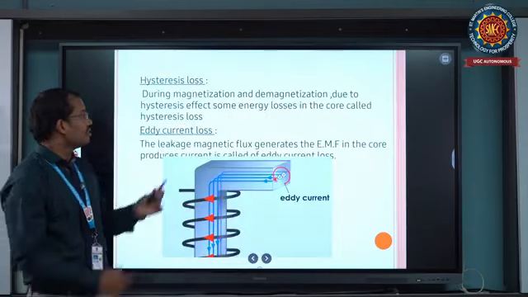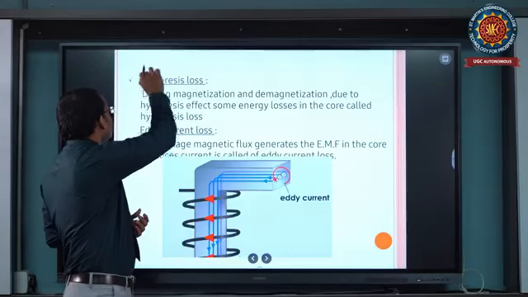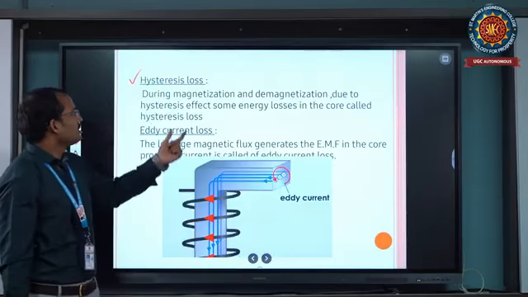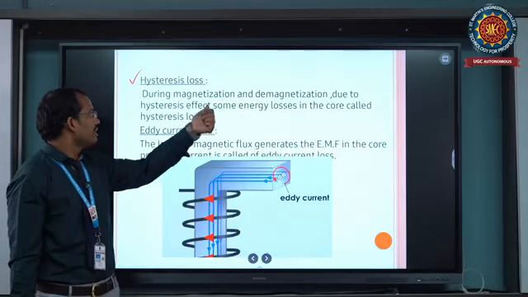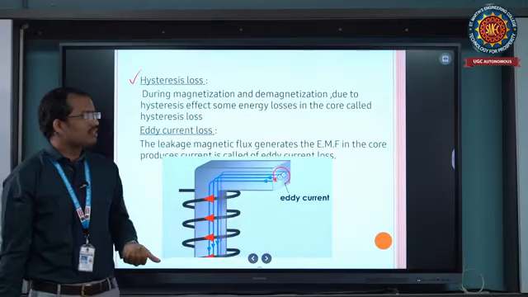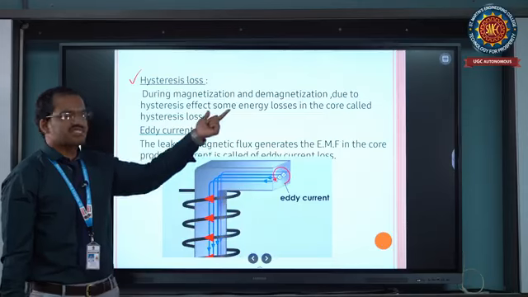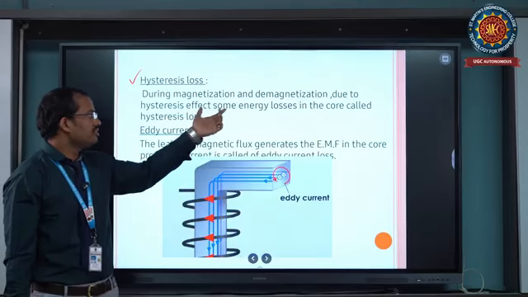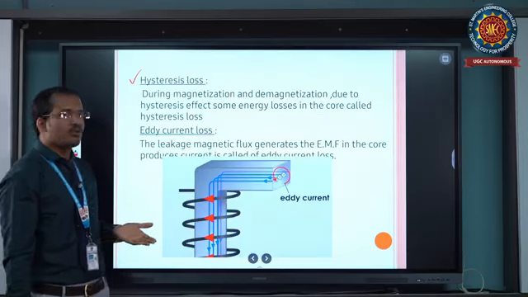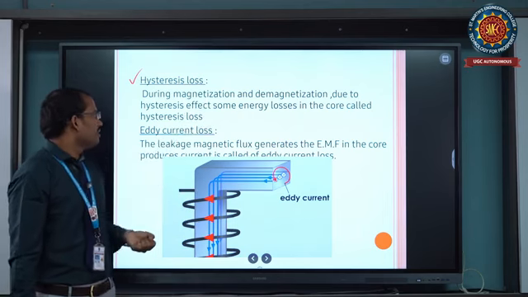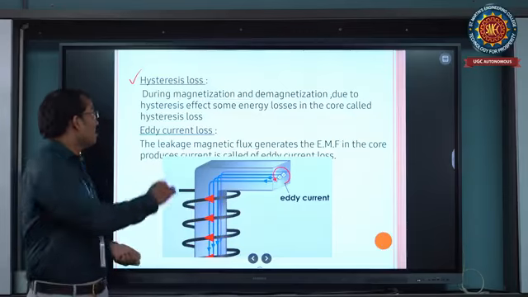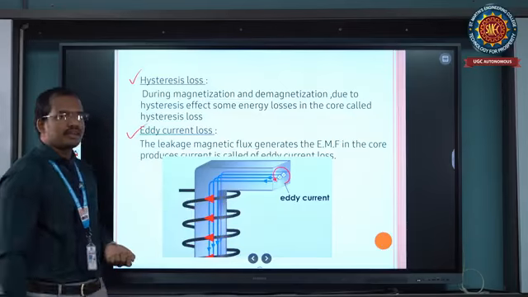And the next loss, the third loss, is hysteresis loss. Hysteresis losses occur through magnetizing and demagnetizing in the two windings of the transformers. These losses occur on the core side, magnetizing and demagnetizing. And next, the final loss is eddy current loss.